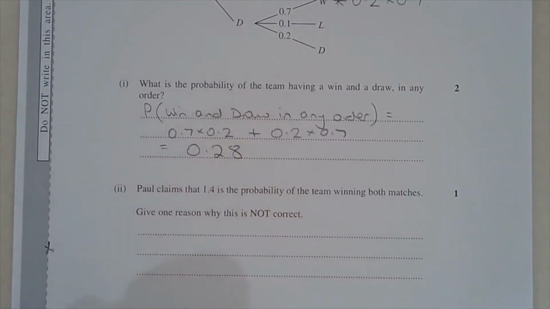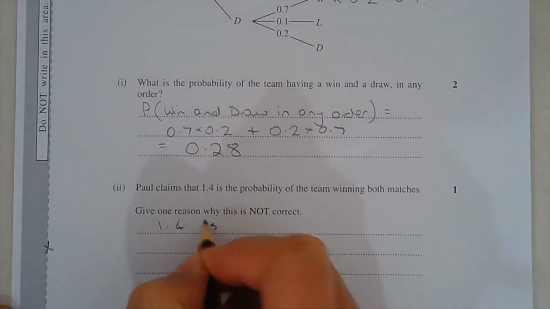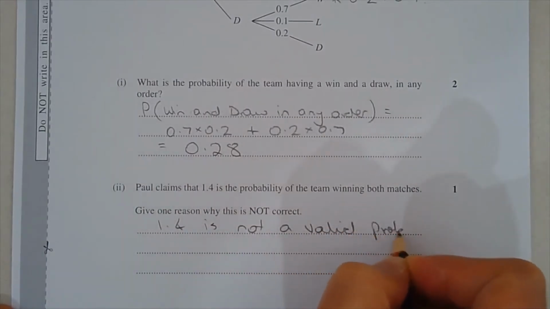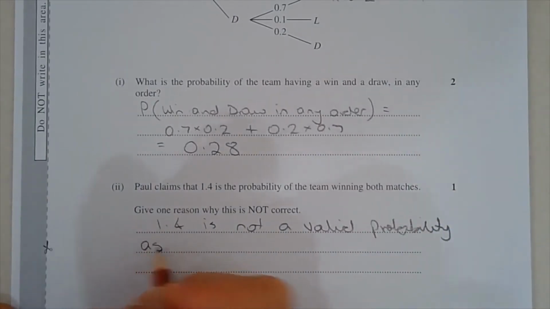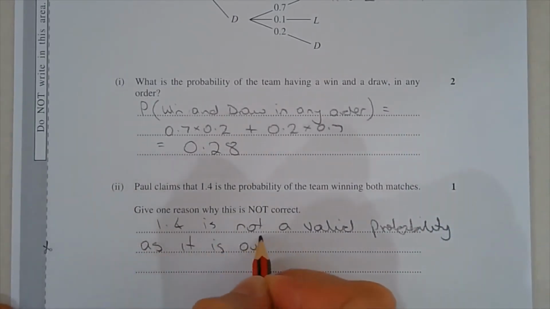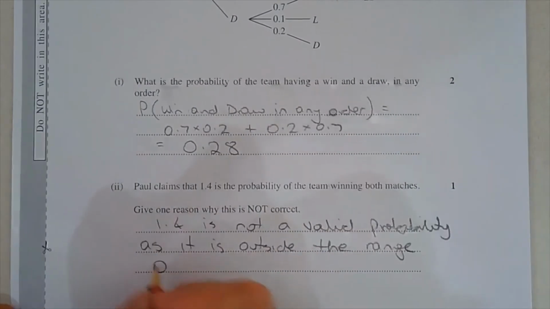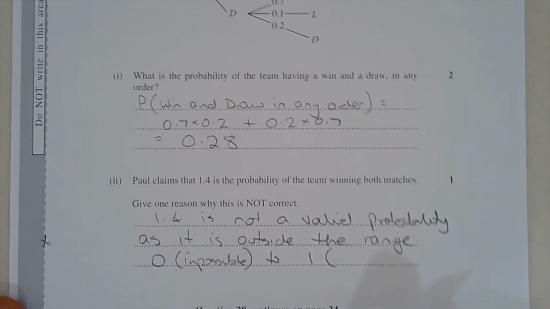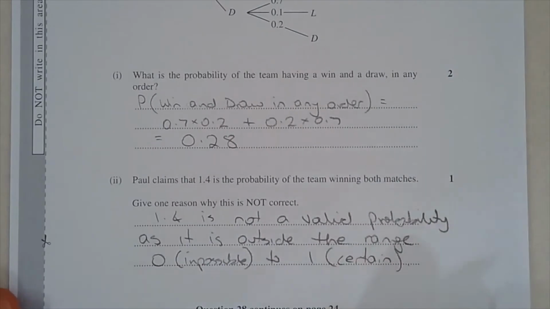And hopefully you know the range of probability is between 0 and 1. 1.4 is not a valid probability as it is outside the range of 0, which is impossible, to 1, which is certain. So anything higher than 1 makes no sense.